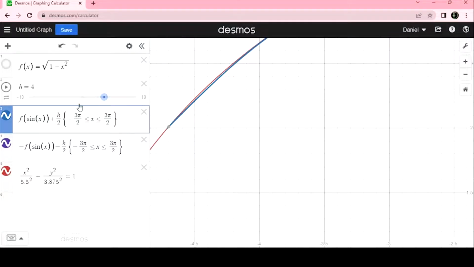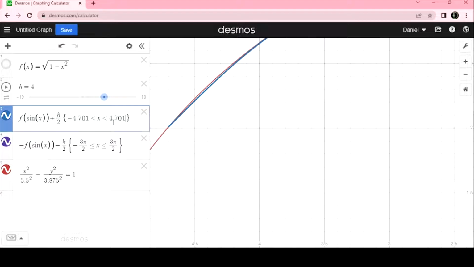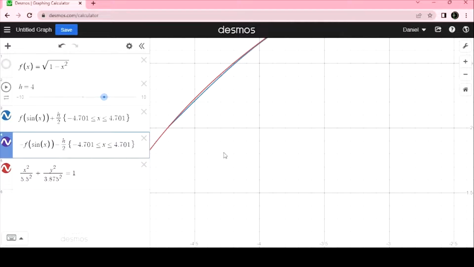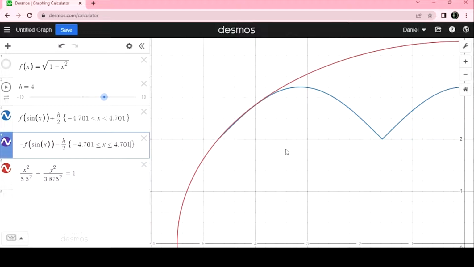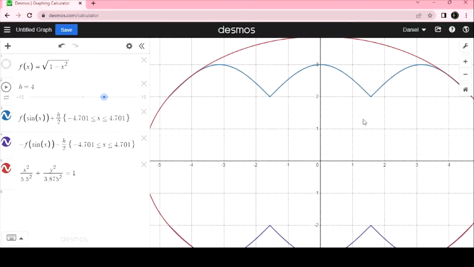So this is minus 4.701. So in this case, for us, we'll be using these numbers as our boundaries. So that cleans up the bumps a little bit.